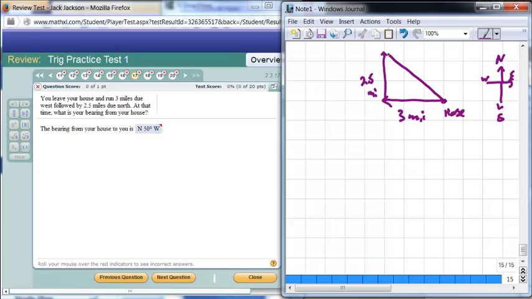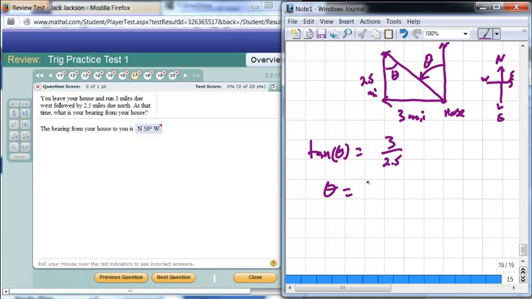So if it's from the house, house is the origin. So notice you went north, west. So that angle is the same as that angle. Call that theta. That's also theta. Okay? Well, we know that the tangent of theta is opposite over adjacent.